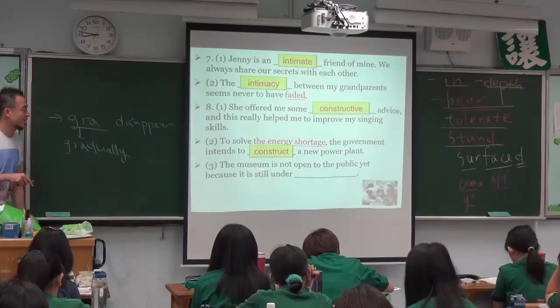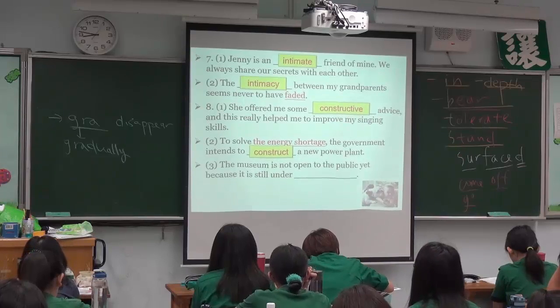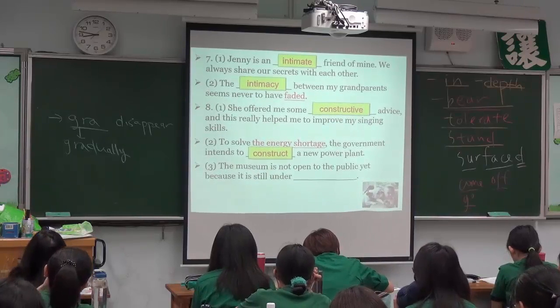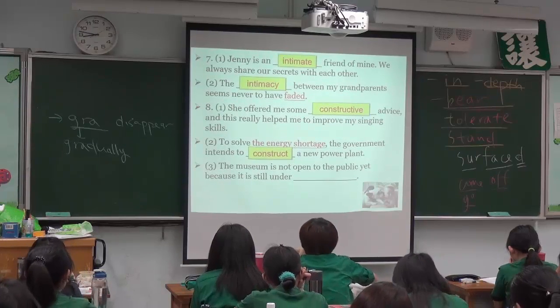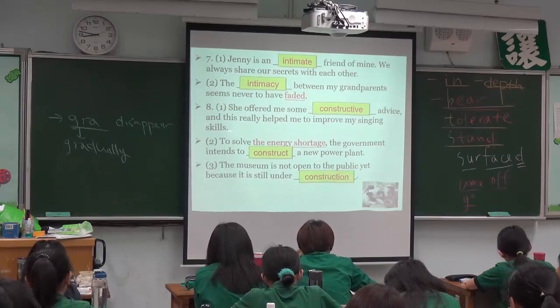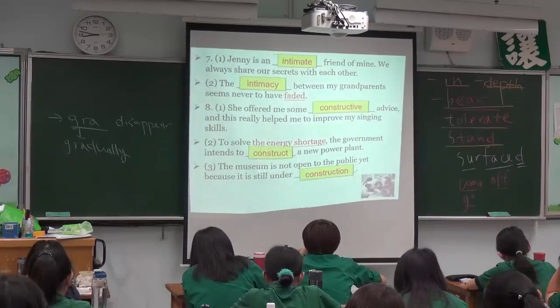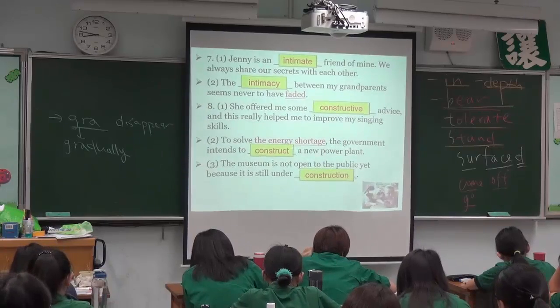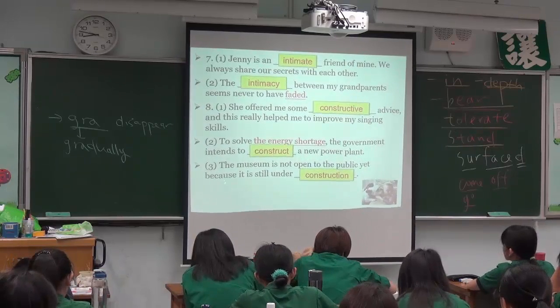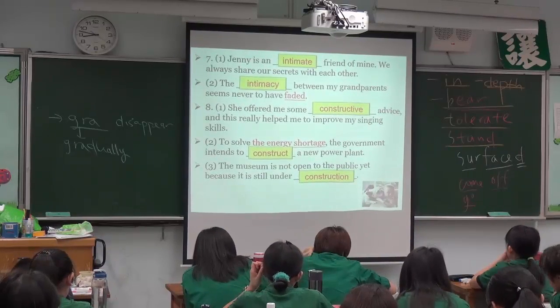And number 3, the museum is not open to the public yet because it is still under construction. So here you can read the last example together. The museum is not open because it is still under construction. Yeah, thank you.